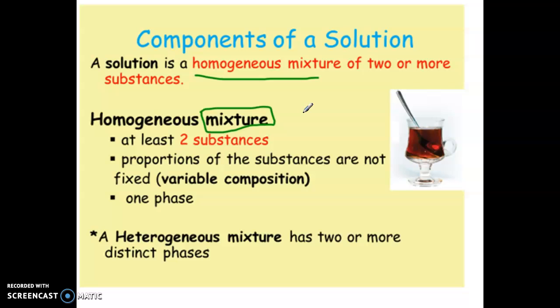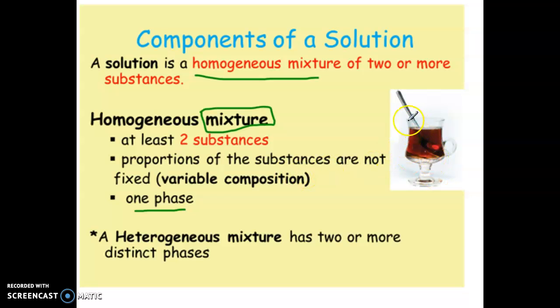Salt is dissolved in water. So you still have two substances, salt and water, but they're now just mixed together. When you're looking at it, it appears as if it is one phase. You're not going to have proportions that are not fixed.